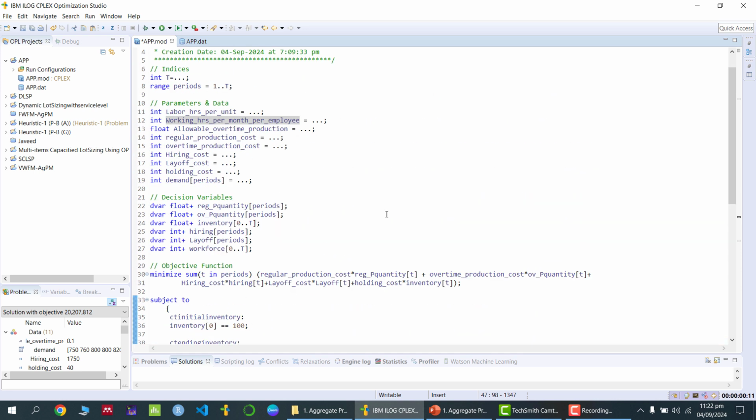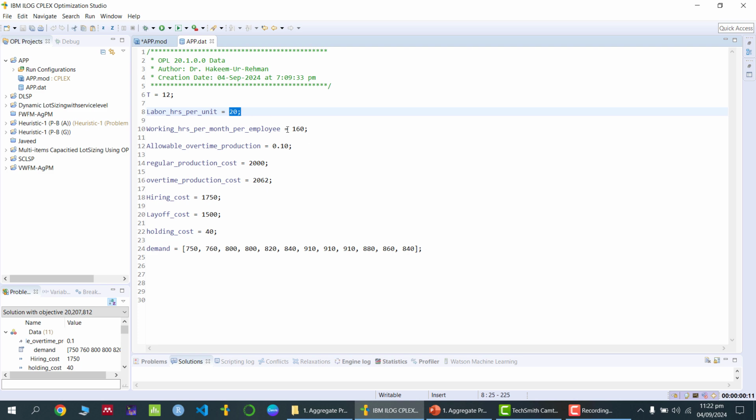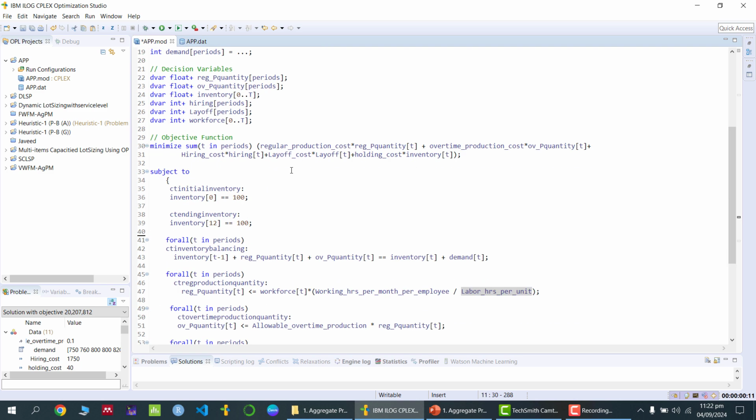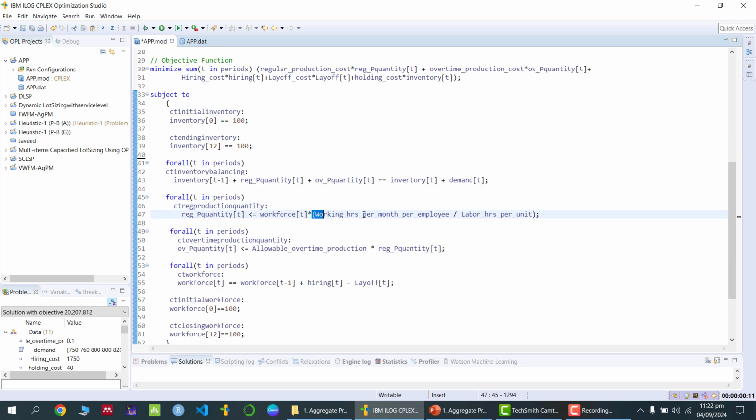That is the working hours per month per employee, 160, divided by 20, as given in the scenario. So this is 160 divided by 20 multiplied by the workforce in period T. That must be the capacity in regular time production, and the regular time production quantity must be less than or equal to this quantity.